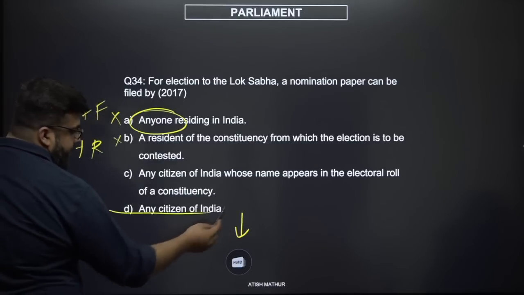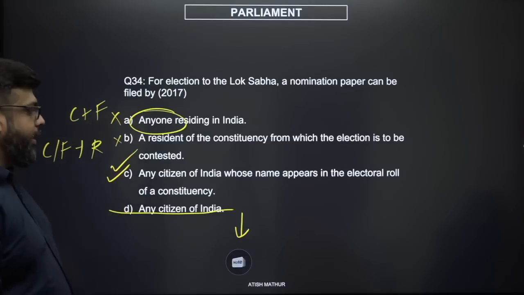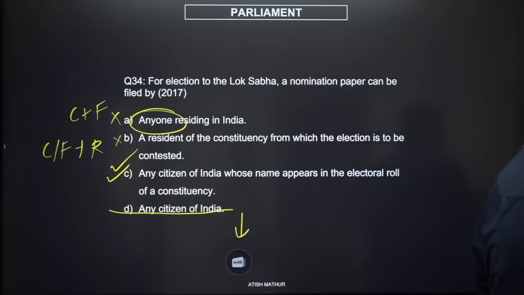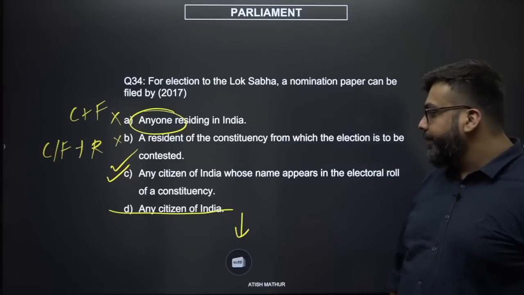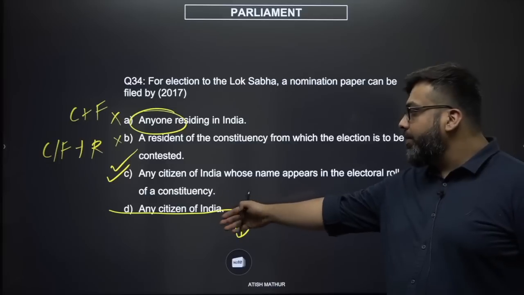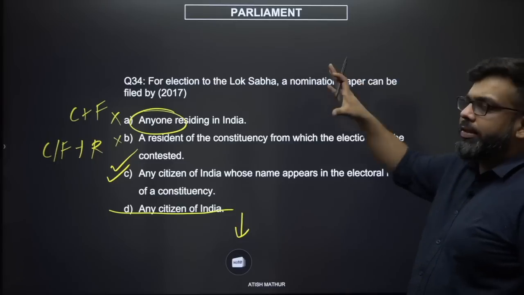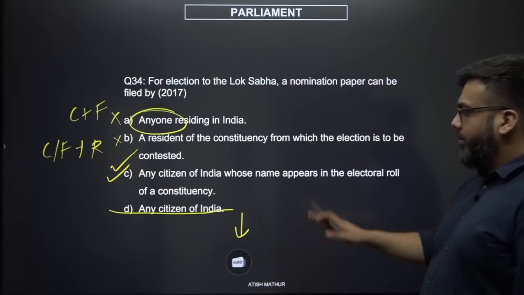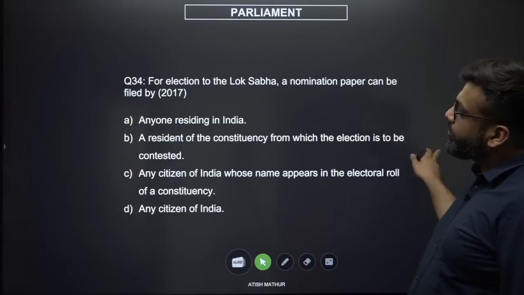So your least objectionable answer becomes C, right? Electoral roll. A citizen of India whose name appears in the electoral roll. Clear? Now any citizen of India could mean anybody who also has a criminal background, etc. This was in fact a slightly controversial question because it was very open-ended, but the answer to my mind should be C.